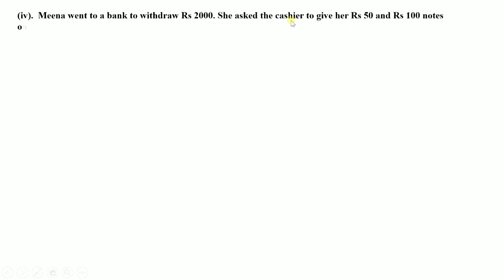Let us start part number 4. Part number 4 of this question says, Meena went to a bank to withdraw rupees 2000. She asked the cashier to give her rupees 50 and rupees 100 notes only.